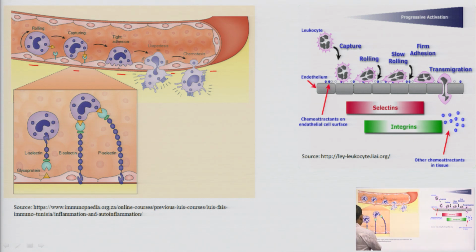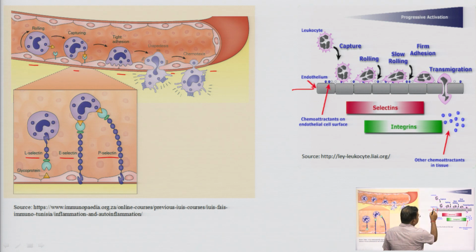So, these are the proteins L-selectin, E-selectin and P-selectin, which attach with the glycoproteins, and here you see this is endothelium. These are chemoattractants on the endothelial cell surface. So, what will happen? Leukocytes will capture here, it will roll on the endothelium. In the slowing and stasis phase, the rolling will be slower.